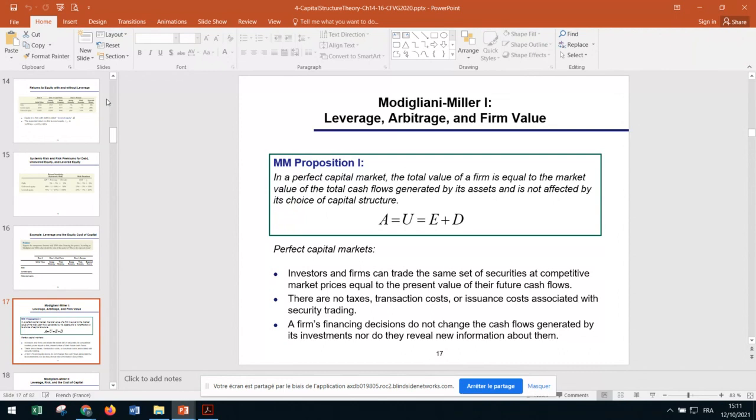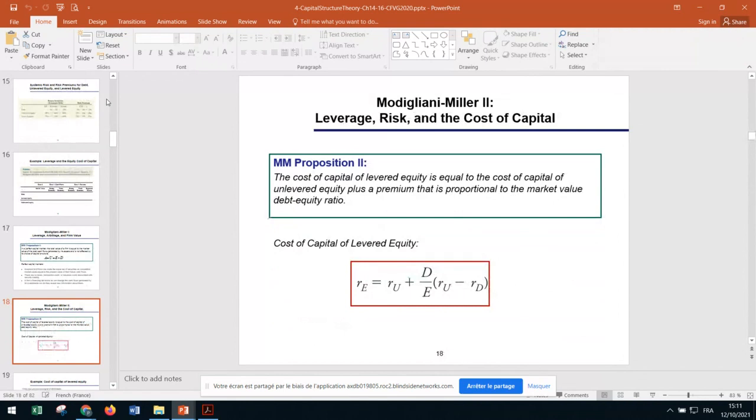Then proposition number two says that the cost of capital of levered equity, meaning investors in a company that has debt or leverage, will require an extra risk premium, which is equal to D over E multiplied by (RU minus RD).